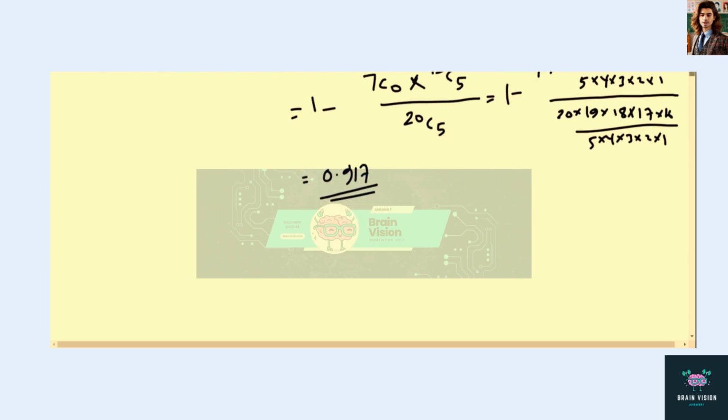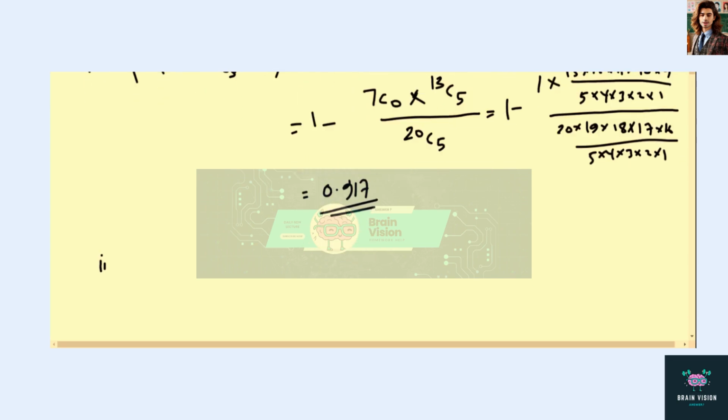Now in the second part, it is asking us to find the probability that at least 2 are from United States. For this question, at least 2 means you are selecting from United States, where there are 7 orchestras.